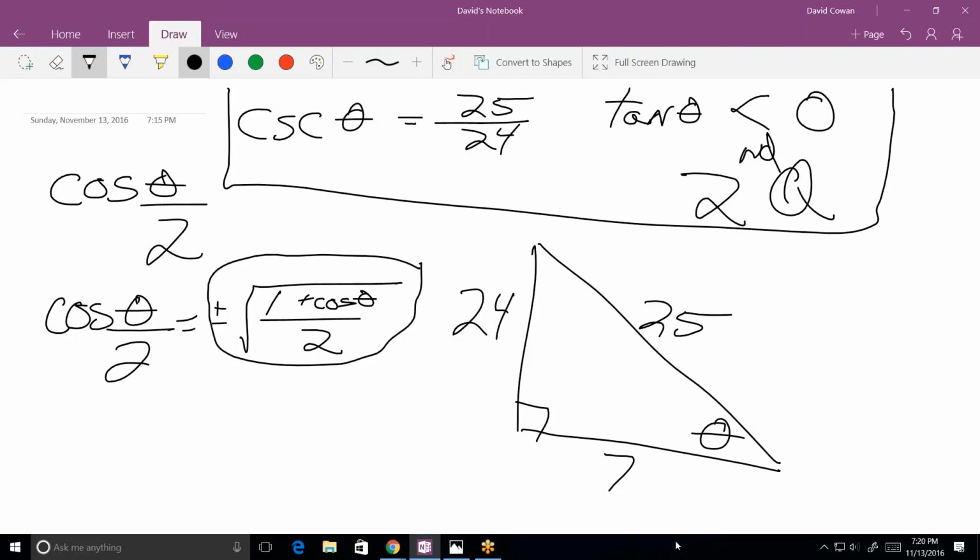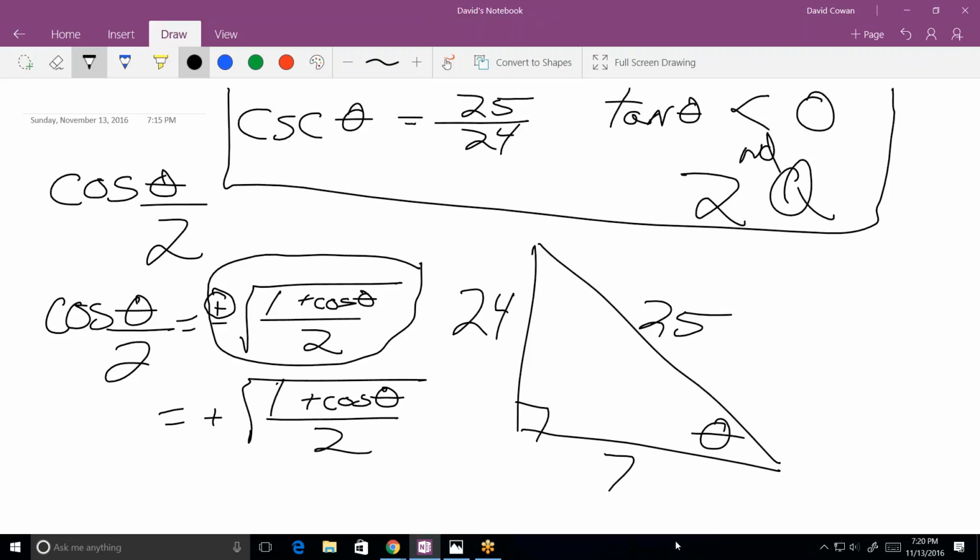Well, if theta is second quadrant, which quadrant is theta divided by 2 in? The first quadrant? Yeah. So we know it's the plus answer, not the minus. So our answer is going to be plus all of this, 1 plus cosine of theta over 2.